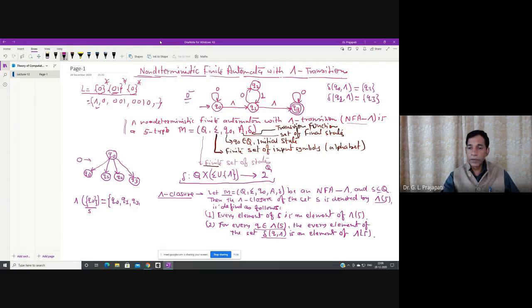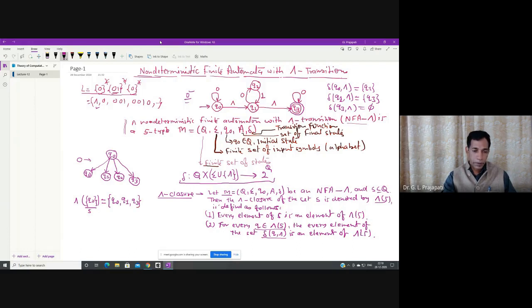Whenever you are at Q3, you don't have any null transition, which means this is the empty set, and these are the only elements in the null closure of the set.